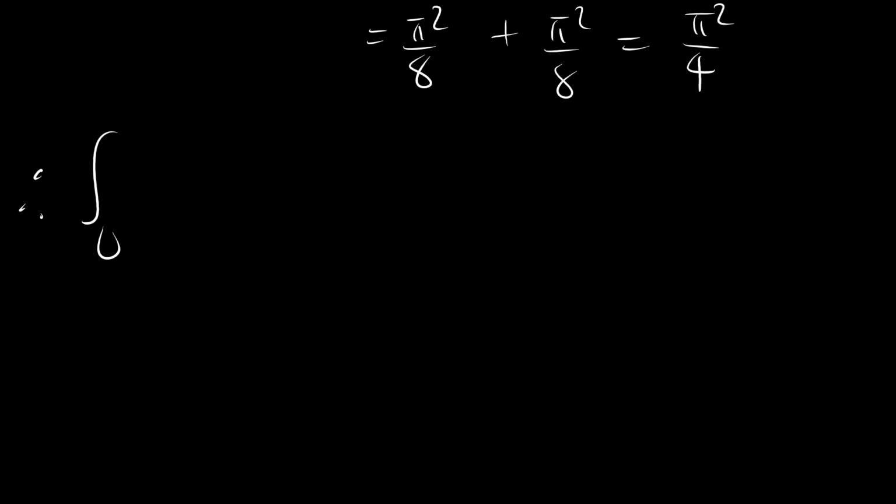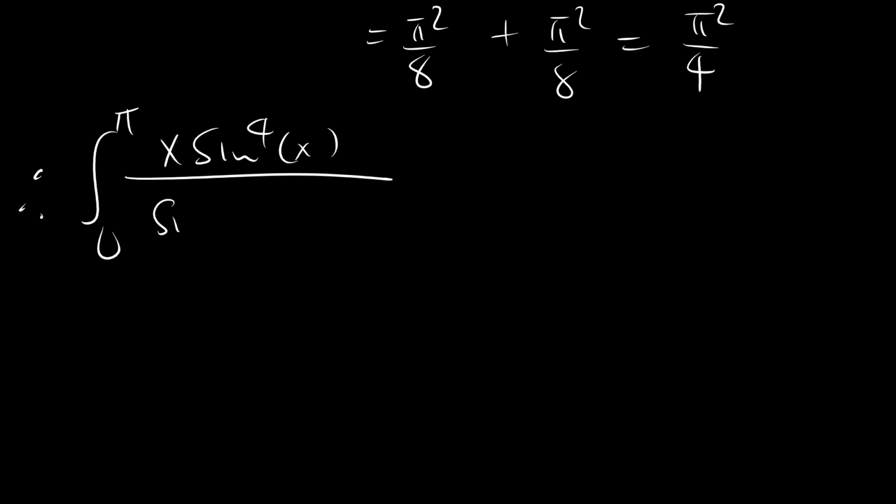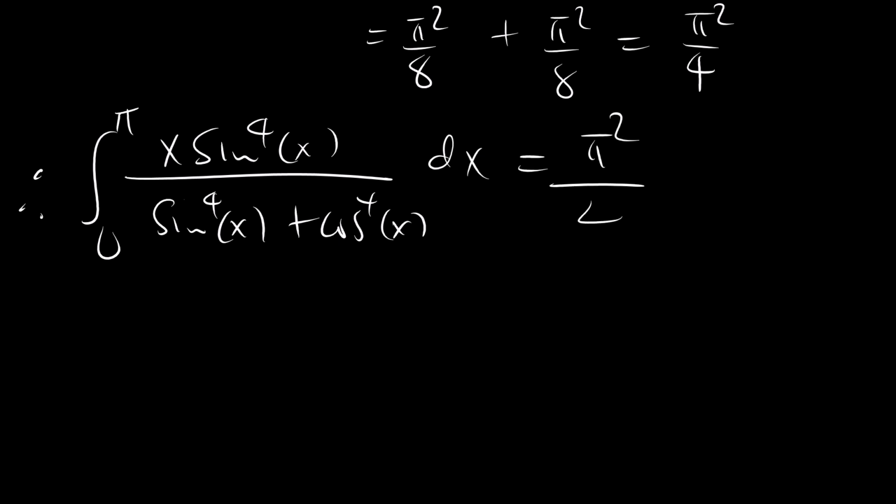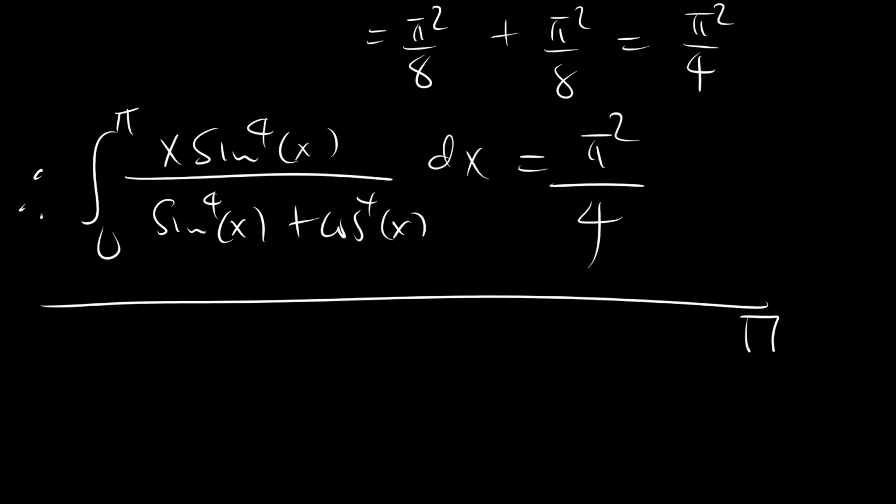Therefore, the integral from 0 to pi of x times sine to the fourth of x over sine to the fourth of x plus cosine to the fourth of x is equal to pi squared over 4. And that is our answer.